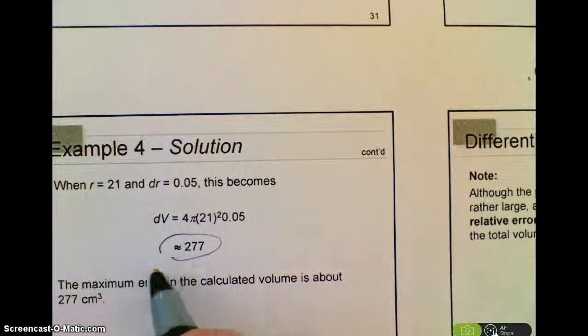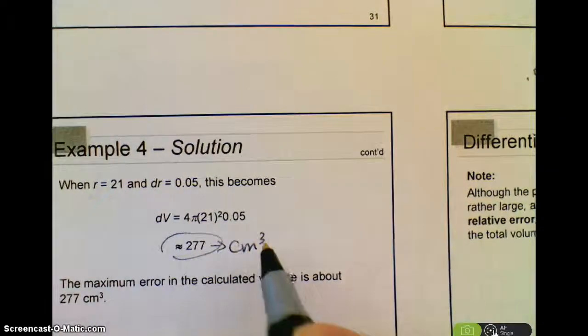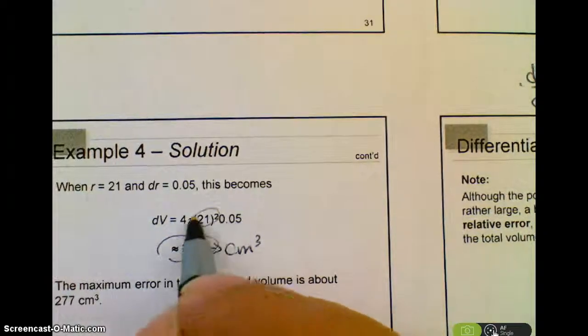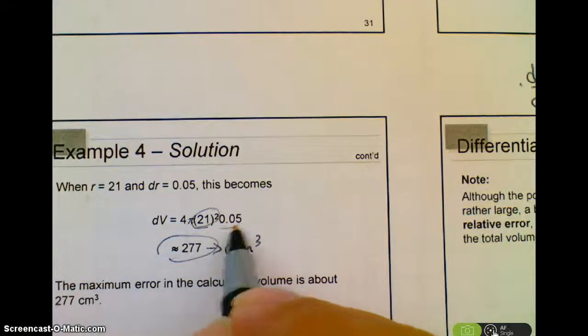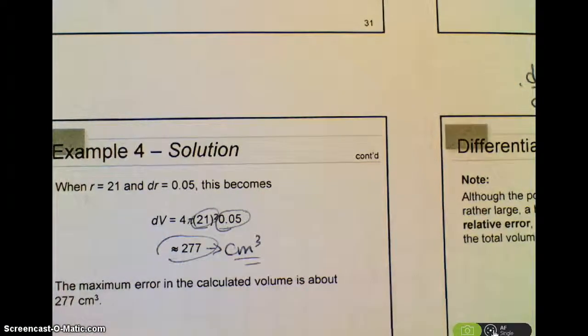Since it's the error in volume, it is understood that it's centimeters cubed, because in here this will be centimeters squared, and then dr is given in centimeters as well, and you have centimeters cubed.